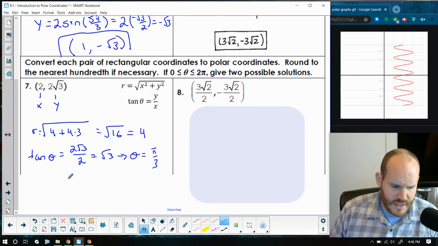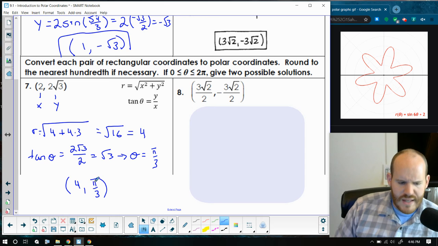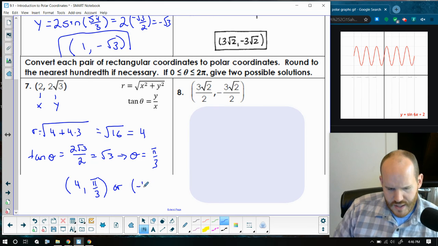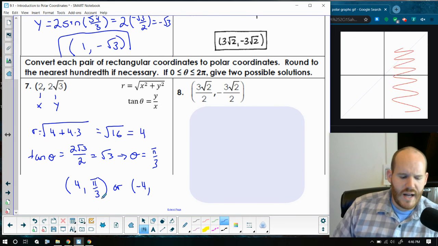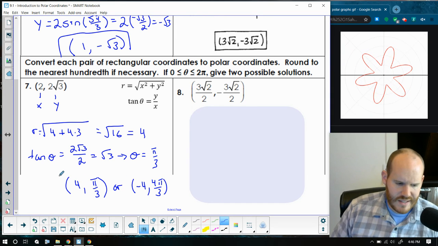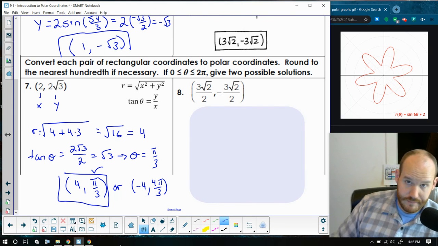So that gives me the coordinates r theta: r is 4, theta is pi over 3. Now, technically, you could also write this in another way. You could write this using the negative version, negative 4, and you would just use the angle directed opposite of pi over 3, which would give me 4 pi over 3.